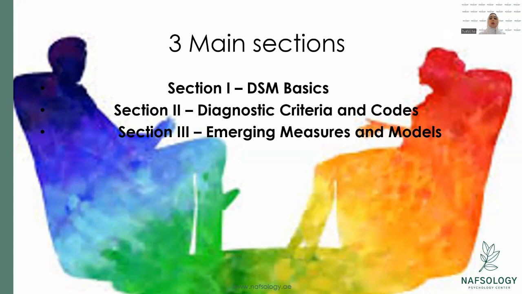Okay. So the third section is the emerging measures and models. This section helps you with different scales that you, as a clinician or psychologist, can use to make a better diagnosis. If you go to this page, let me just open the page.